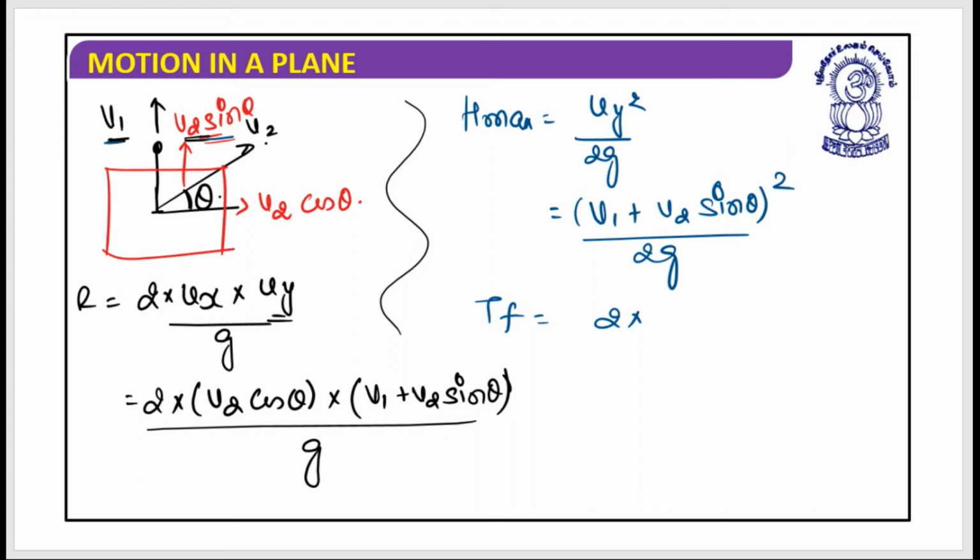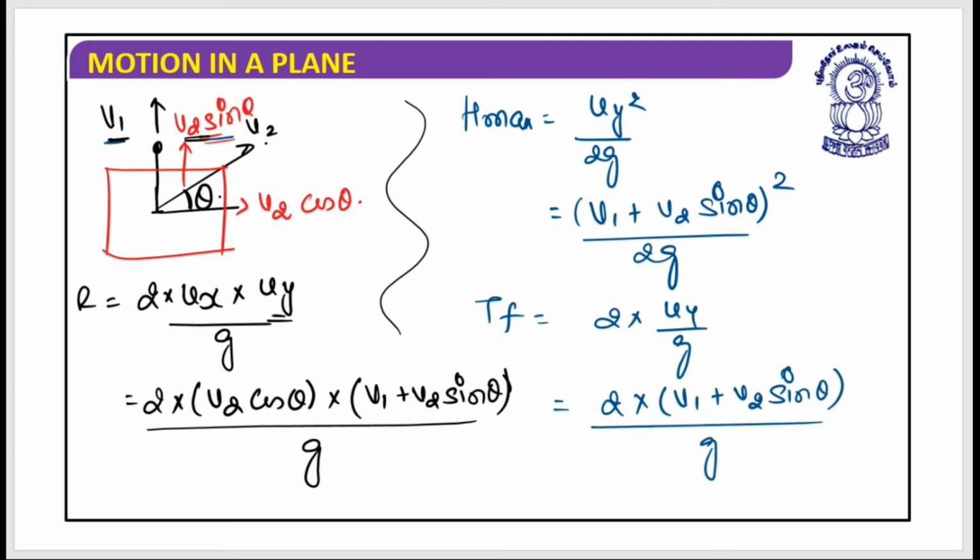It's 2 into uy divided by g, which is 2 multiplied by V1 plus V2 sine theta, divided by g. It's like 2u sine theta by g. I hope those things are clear. Is it clear? Yes. This is a very important topic, and a very important concept that we have not discussed in our regular classes.